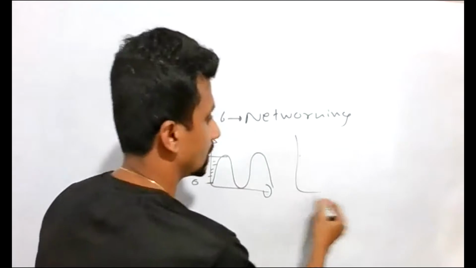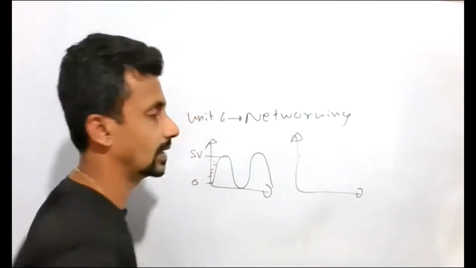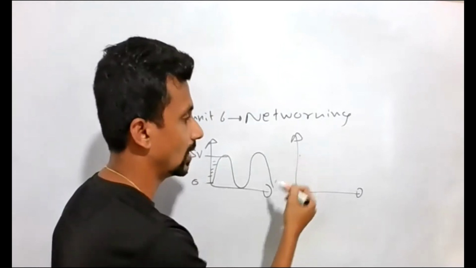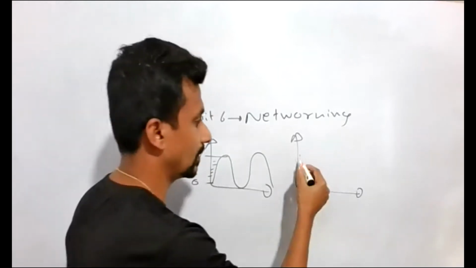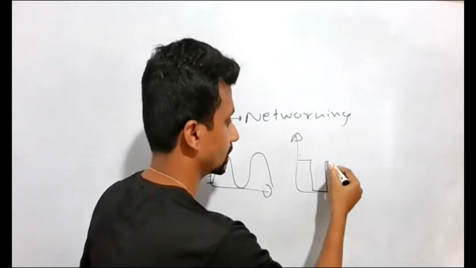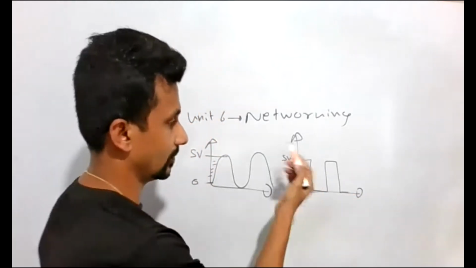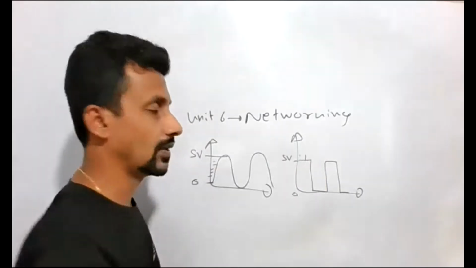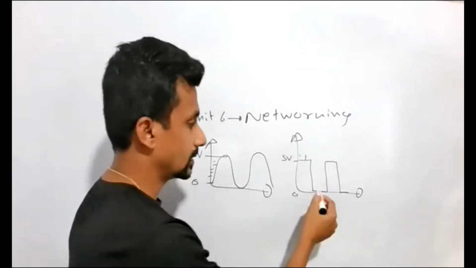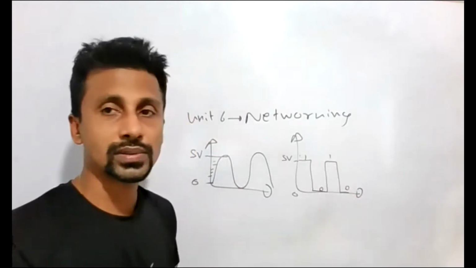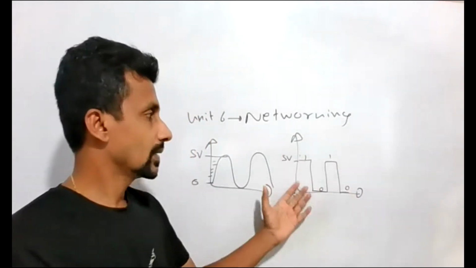Now, when you take the digital signal, you have only 1 or 0. That is when you are drawing the signal like this. Suppose this is 5 volt, this is 0. We are representing 5 volt as 1, 0 as 0. So 1 or 0, two different values are there for the digital signal.